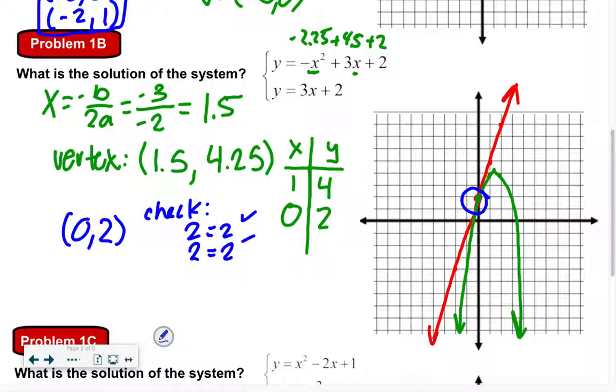I do get negative 1. What about up here? If I plug negative 1 in, I would get negative 1 minus 3 plus 2. Does that work? Is that negative 1? No. So how many times did you cross? Just once. Always check if you're not sure. This time we just crossed once.